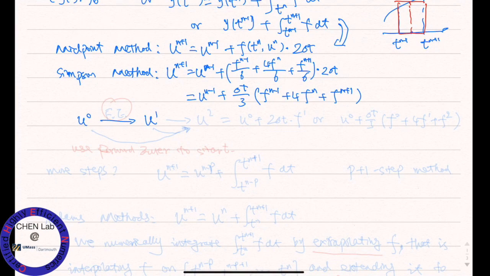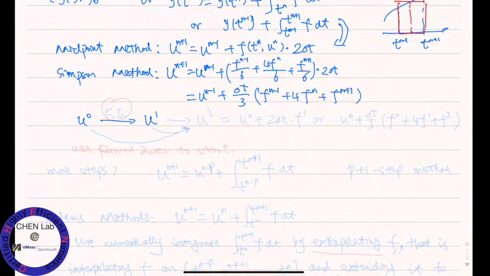We need n plus 1 to be 1, right? So n is 0. But we have n minus 1, so we need u negative 1, or f at negative 1. We don't have u negative 1, right? So for the multi-step method, you have to start with something else.